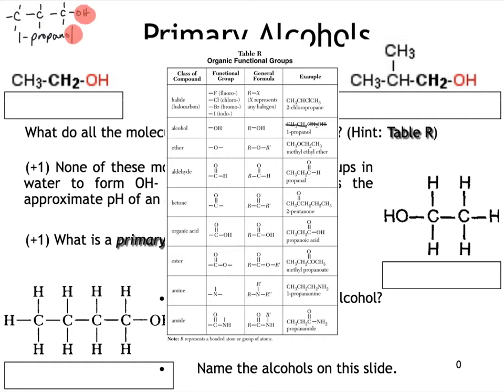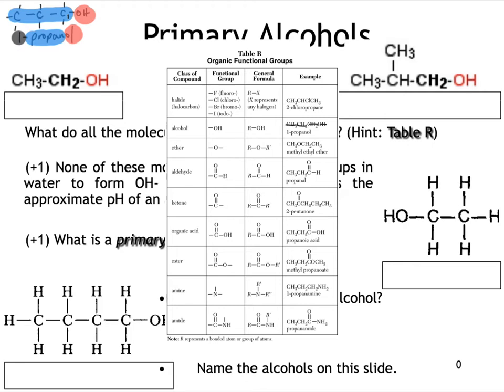So the "ol" comes from this. And the propan part of the name is coming from the 3-carbon backbone. And the 1 is going to be coming from the location. And the location of that hydroxyl group is on carbon number 1. So that's how we get the name 1-propanol.